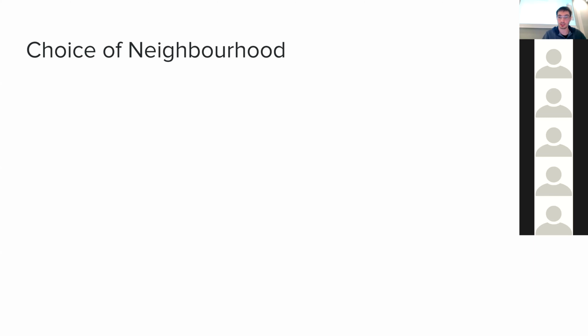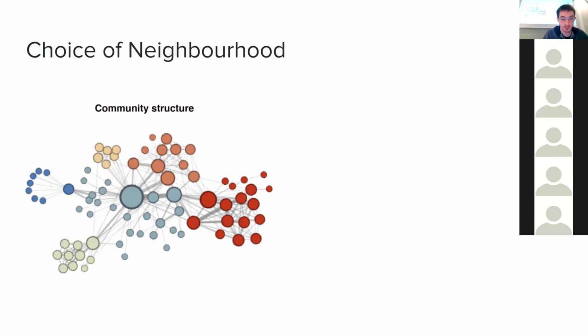But how we do this can greatly affect the results. So let's look, for example, at this graph. This graph was used as input for a graph representation learning system. And then the embeddings that were produced were used to assign different colors to different areas of the graph.